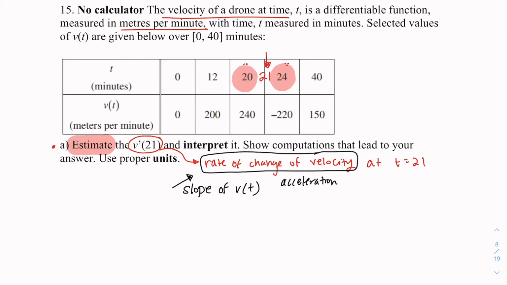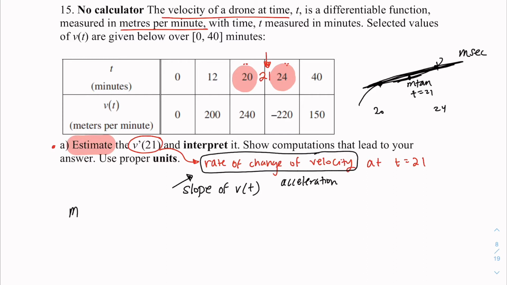So we're going to use m sec. If this is 20 and this here is 24, if I want the slope at 21, it's going to be a pretty good estimate if I find the slope of the secant line surrounding 21. So m sec is going to be a pretty good estimate of m tan at t equals 21. That's what we're going to do.